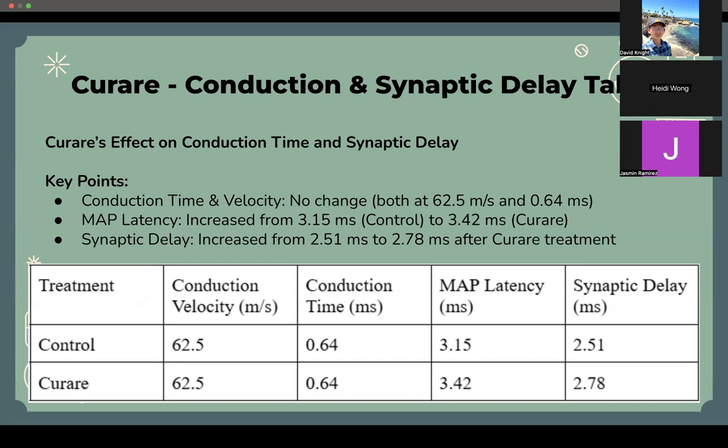This is consistent with Curare's mechanism of blocking acetylcholine receptors, which delays the initiation of muscle action potentials. The extended synaptic delay confirms that Curare inhibits effective neurotransmission at the neuromuscular junction. So that requires more time for enough acetylcholine to accumulate to overcome the blockade.